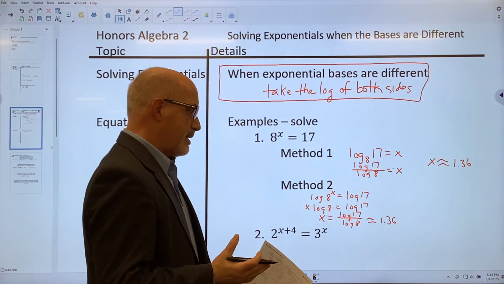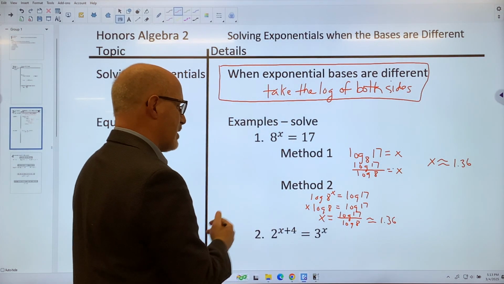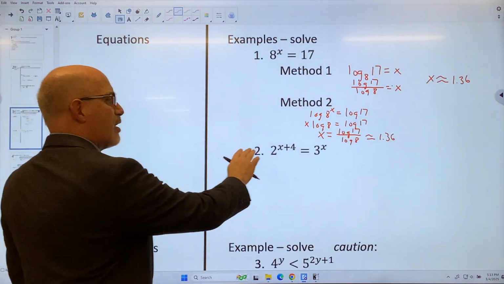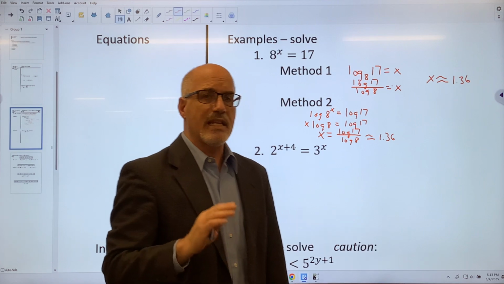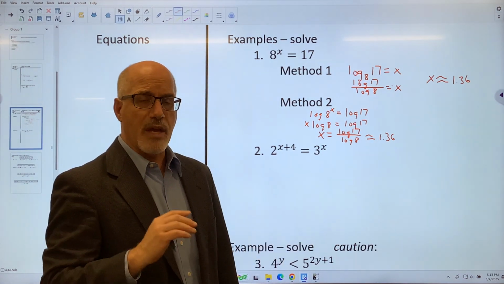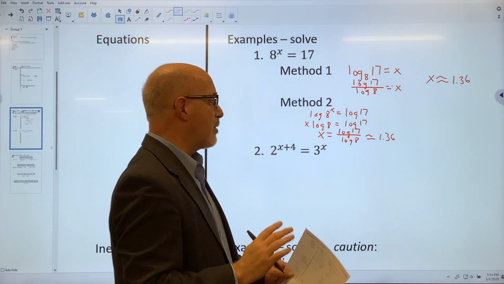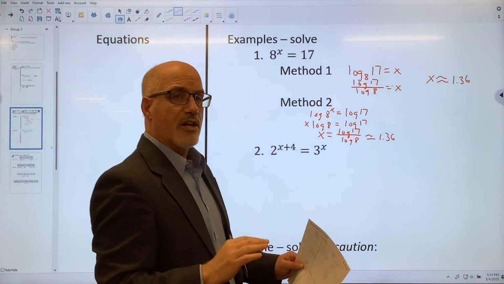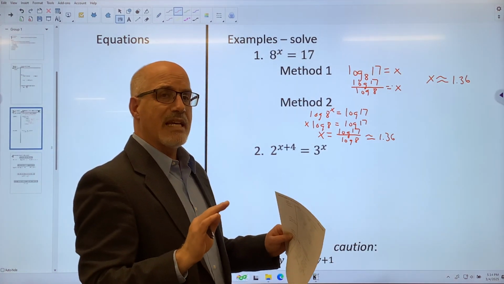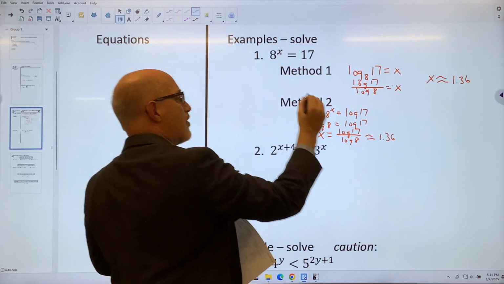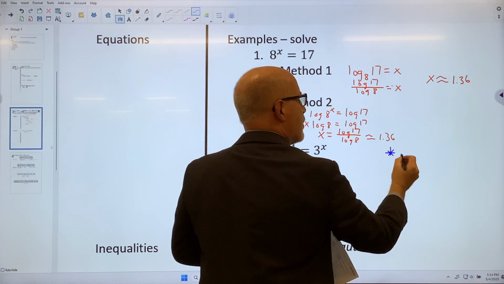So the technique that we're going to emphasize with this next one is going to be to take the log of both sides. When you have a variable in both exponents, it is going to take a little bit more time. You have to be patient, persistent, and follow the steps that we outline here. The biggest idea here is that we need to gather the x terms on one side.